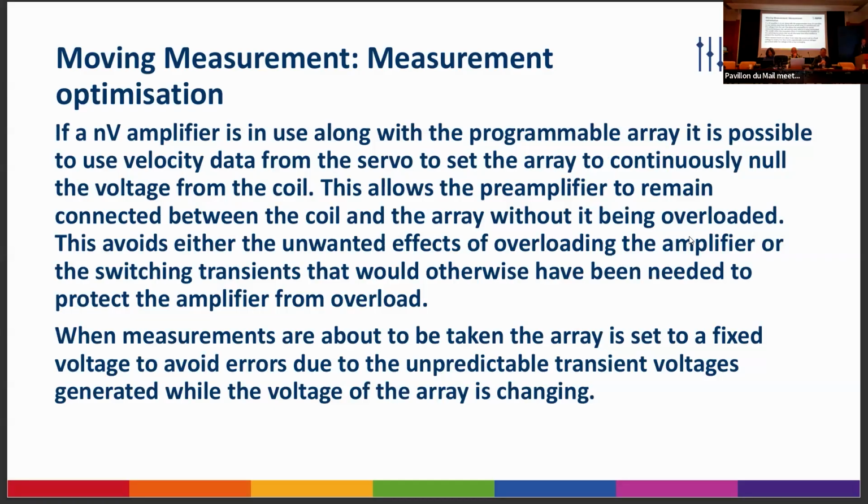So a bit about measurement optimization. If you've got a nanovolt amplifier in use with the programmable array, you can be fairly sneaky. If you take the velocity data from the servo and use that to set the array, you can continuously null the voltage from the coil, and you can keep the preamplifier connected between the two, and it doesn't overload. Otherwise, you have to disconnect the amplifier and reconnect it, and you've got nanovolt level transients all over the place, which will be bad.